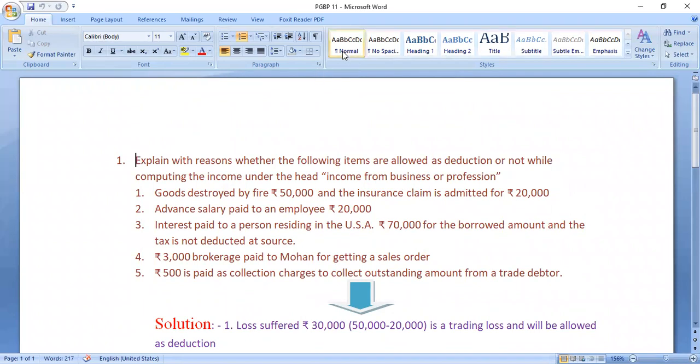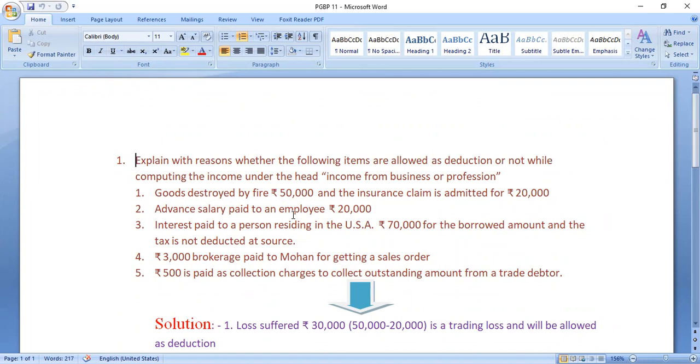The net loss is allowed as deduction. That means this first expenditure, goods destroyed by fire, is allowed as deduction, but you have to show the net loss, 50 minus 20. Suppose you are not getting any insurance amount from the insurance company, and they do not claim any amount. In that case, the total loss of 50,000 is allowed as a deduction.